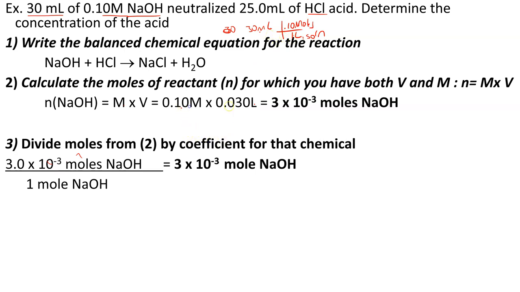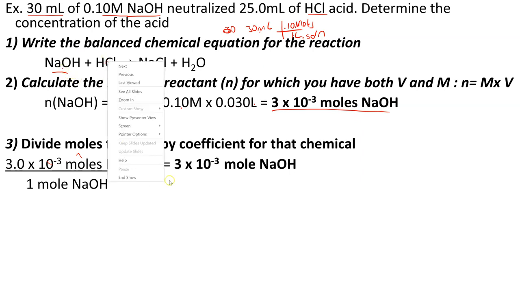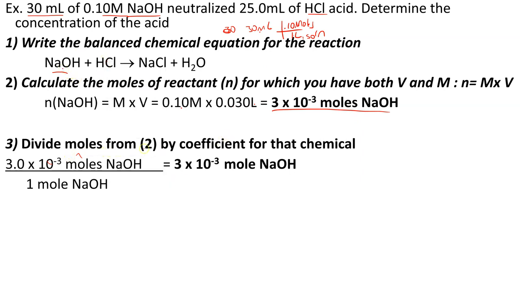So I'm going to multiply the molarity by the volume of whatever they're giving me, and get my moles of NaOH. So I have moles of this. I'm going to go from moles of this to moles of this. The way I do that, I'm going to divide the moles from step 2 by the coefficient of the chemical. So what's the coefficient for NaOH? 1, right? Because there's nothing in front of it. Same thing for HCl, it's 1. So now I have moles. You have 3 times 10 to the negative 3 moles of NaOH.